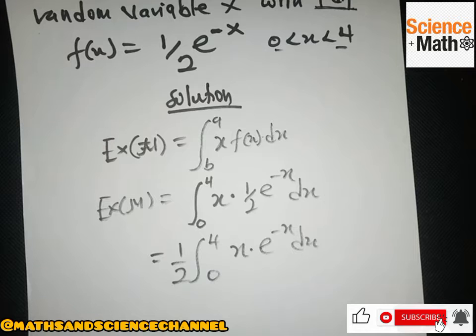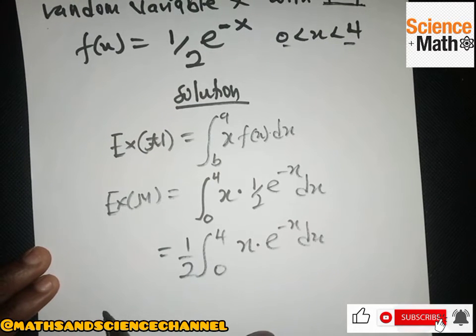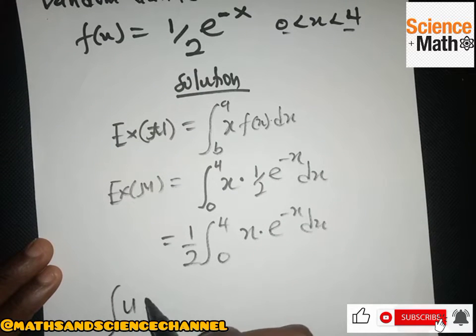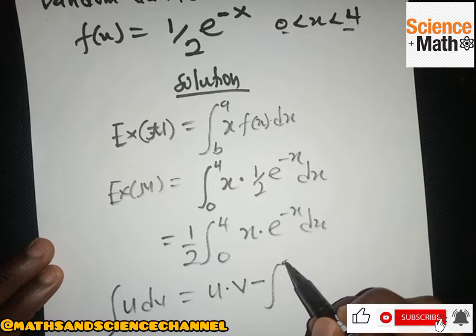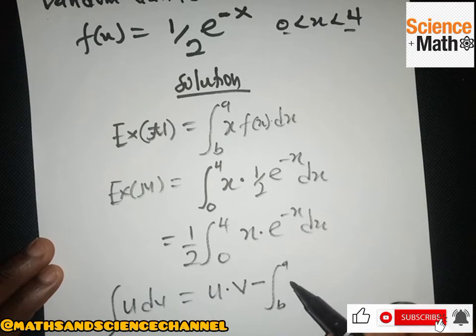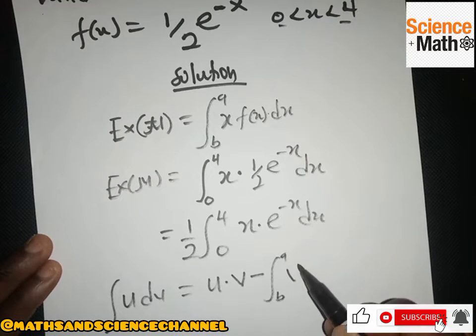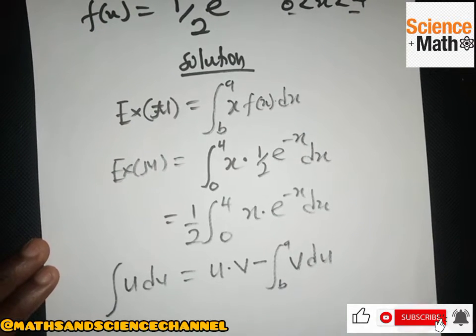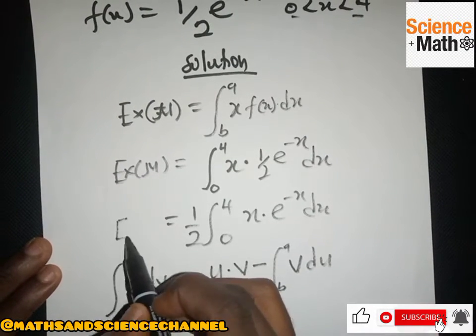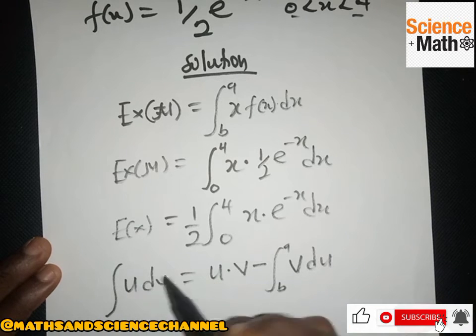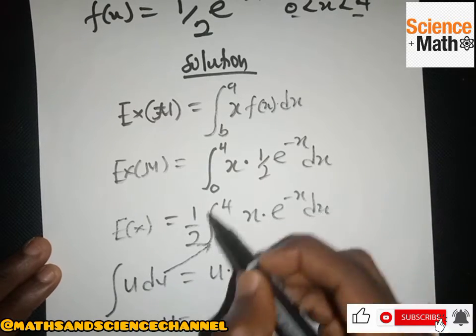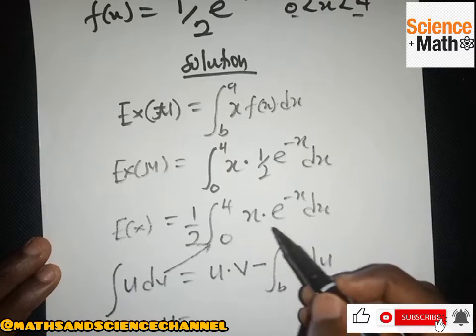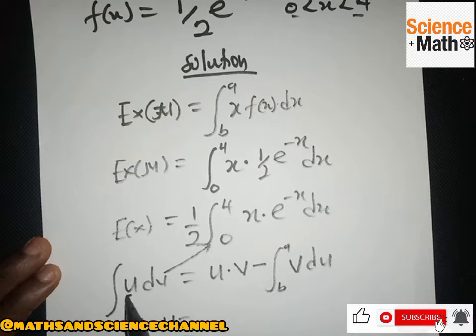Integration by parts is given by the integral of u dv being equal to u multiplied by v, minus the integral of v du. Comparing the integral we have here to what is in this formula, you realize that u here is just x.